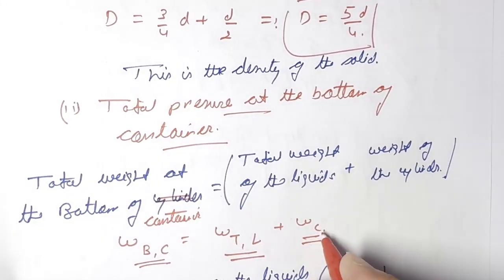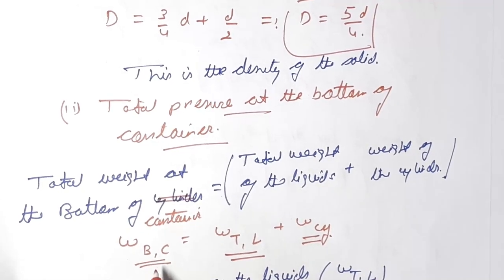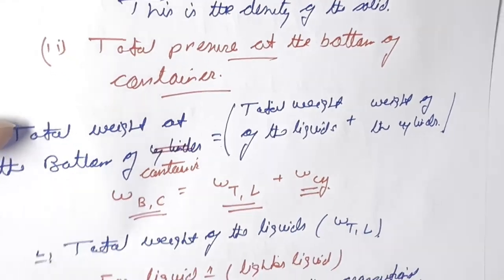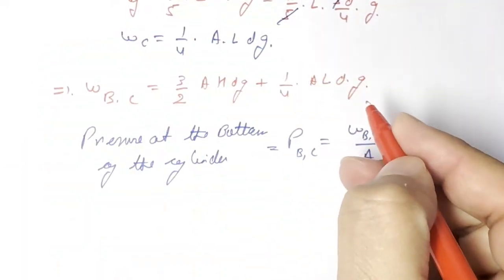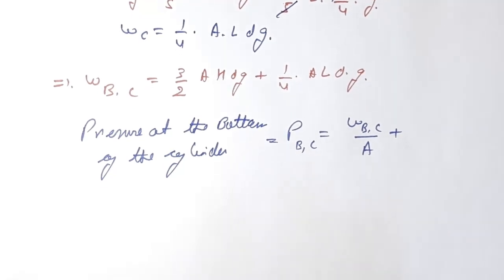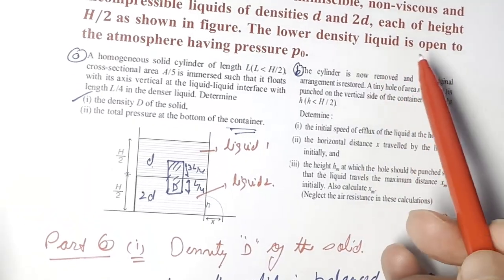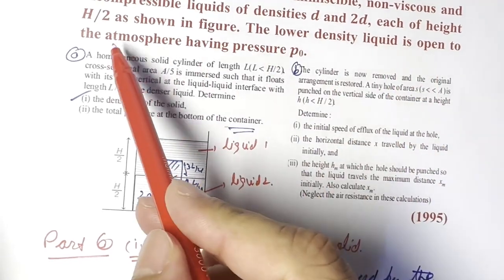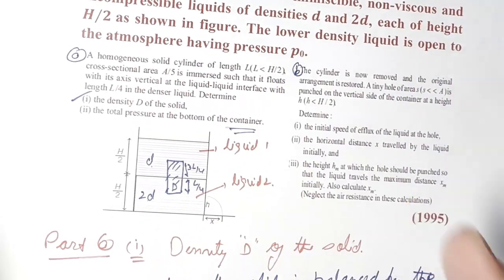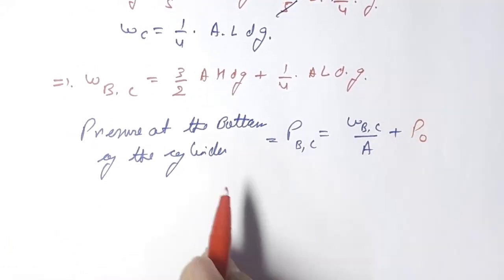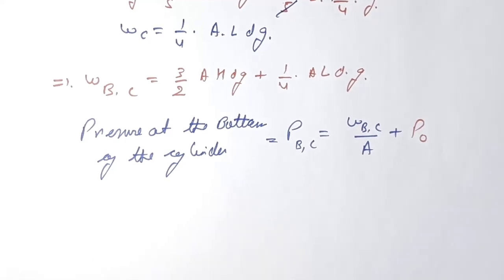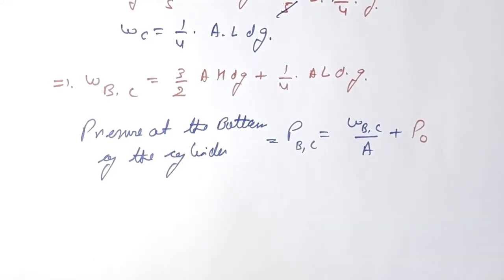And for weight of the cylinder, let us call this Cy to differentiate, and container is C. Another thing, it is given that the lower density liquid is open to atmospheric pressure P0. So there will be an extra term P0 in this particular equation, pressure at the bottom of the container, not cylinder.